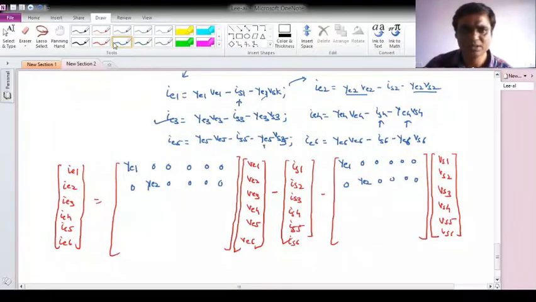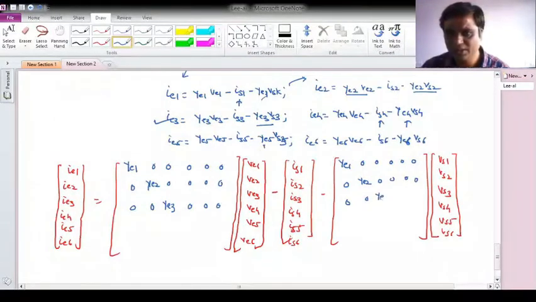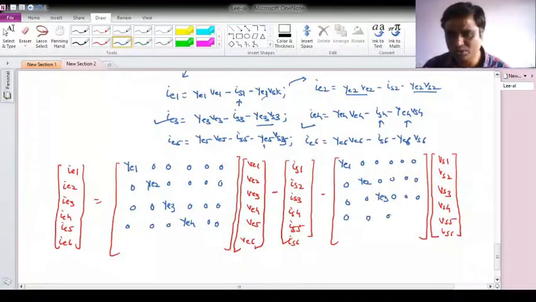For the third, IE3, what is that? Y3 with V3, so the other two are 0, it will be Y3, others will be 0. Similarly here also minus IS3 is there, and this will be YE3 with VS3, so all others are 0. For IE4 it will be YE4, so it is 0, 0, 0, YE4, all others are 0. Similarly here also 0, 0, 0, 0, YE4.